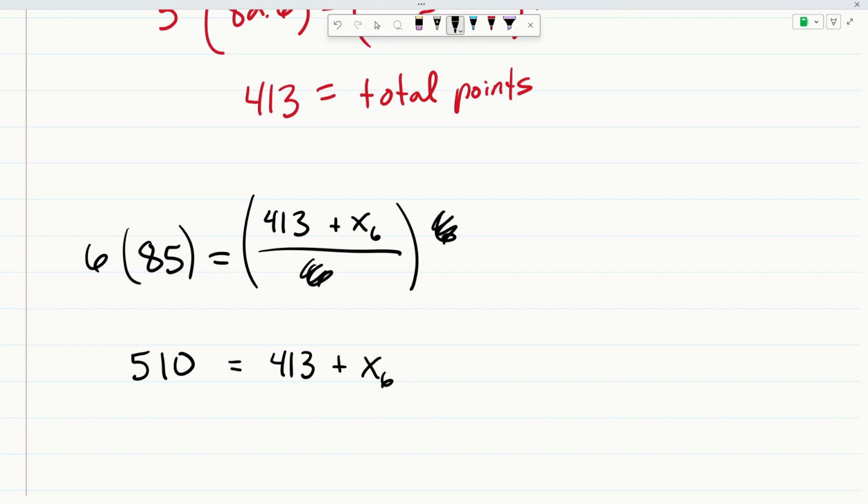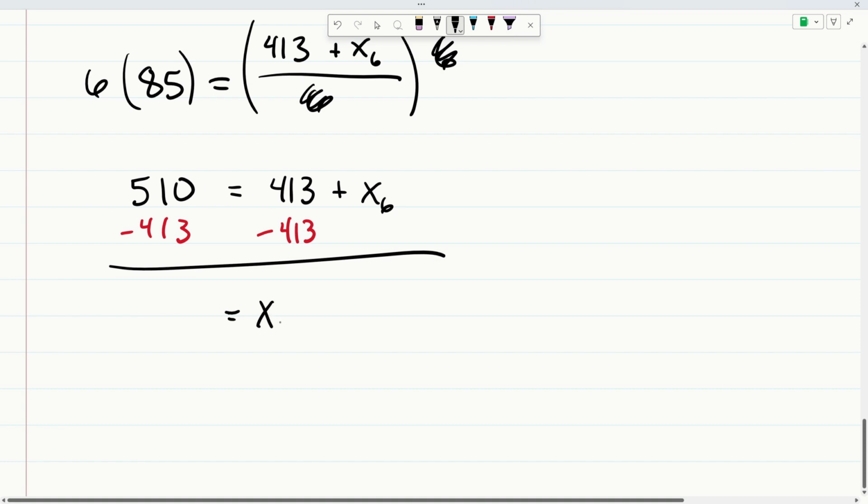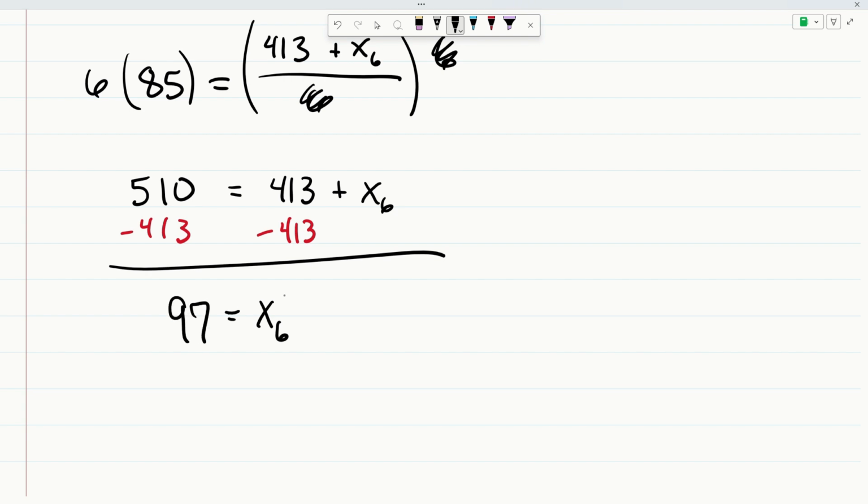And finally, to find that 6th exam, we will subtract 413 from both sides of the equation. So 510 minus 413 would be 97.